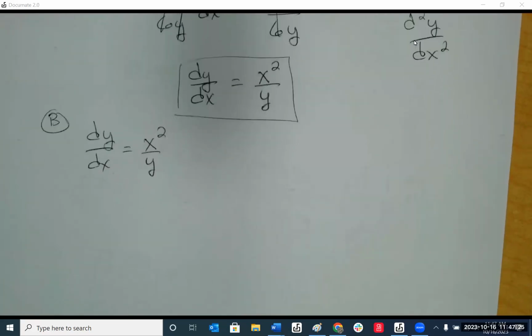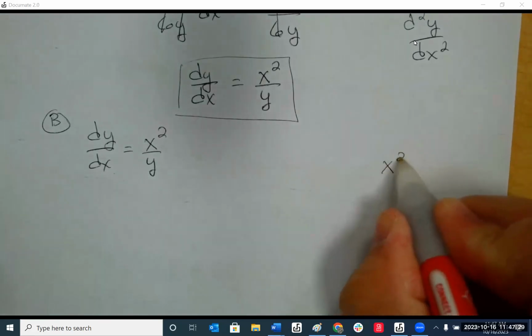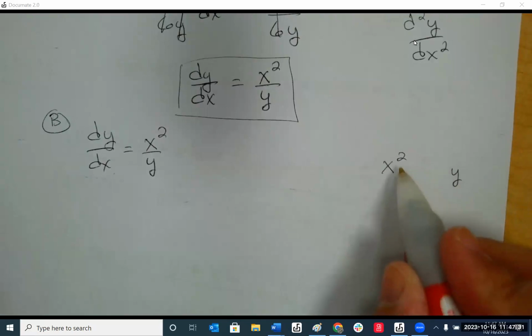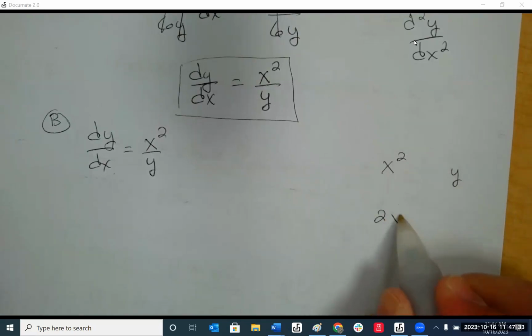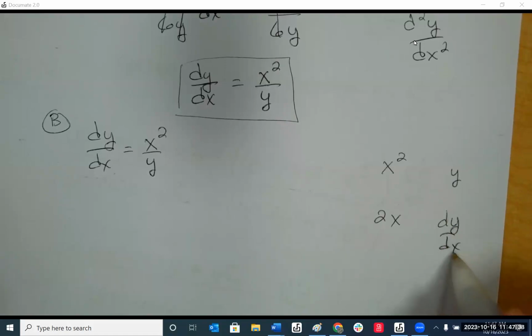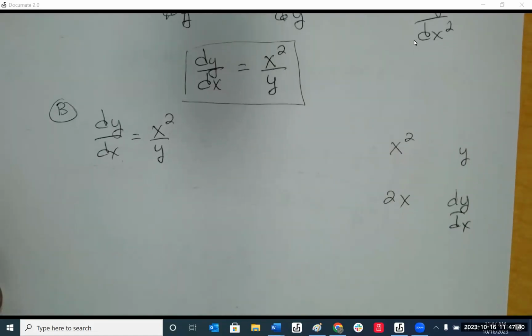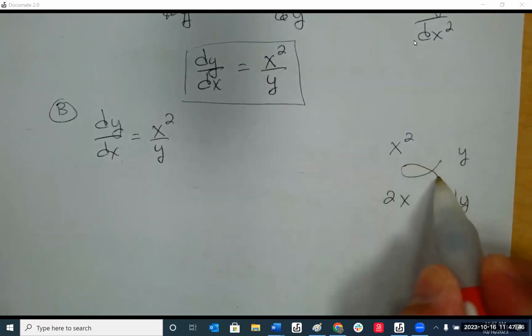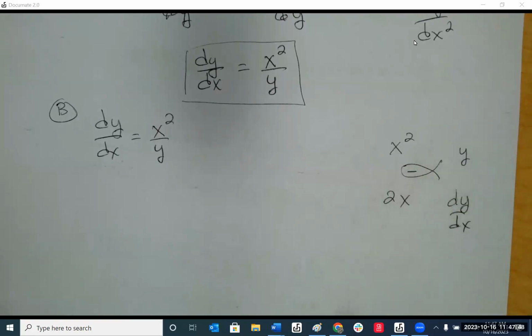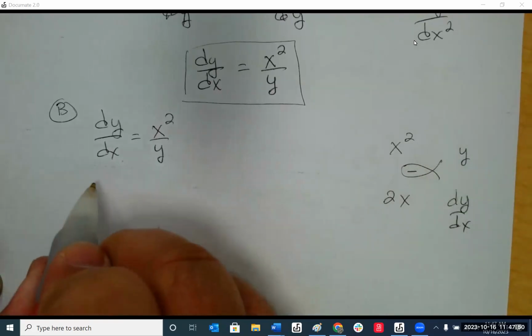It's a quotient rule. So x squared and y. The derivative of x squared is 2x. The derivative of y is dy/dx. And since it's division, you subtract.